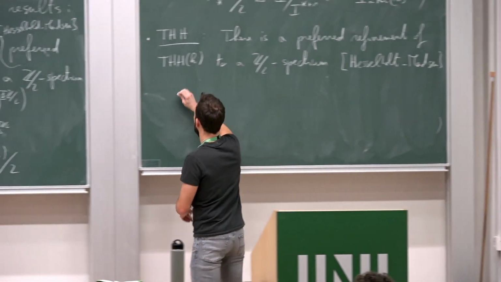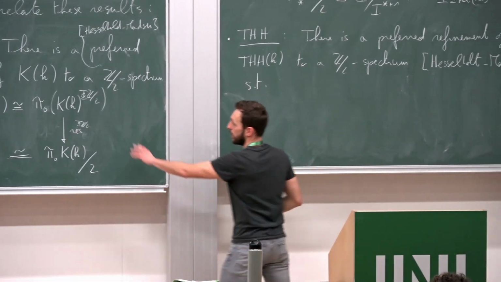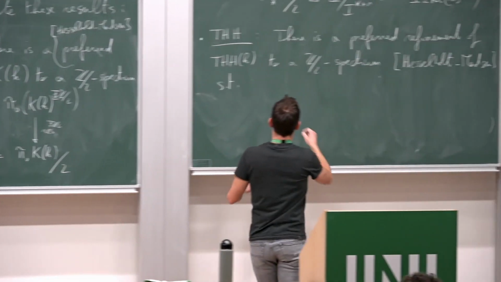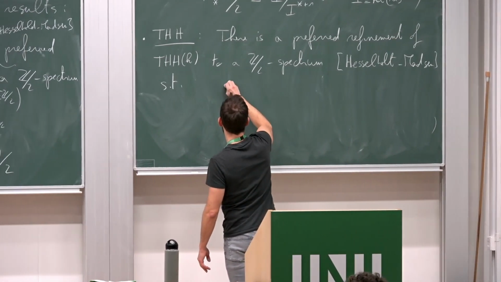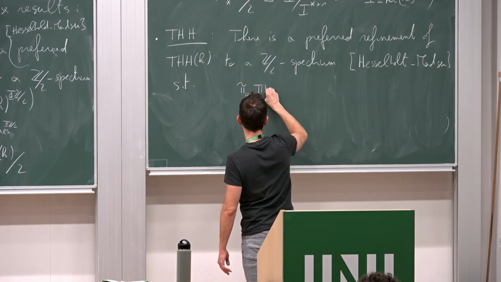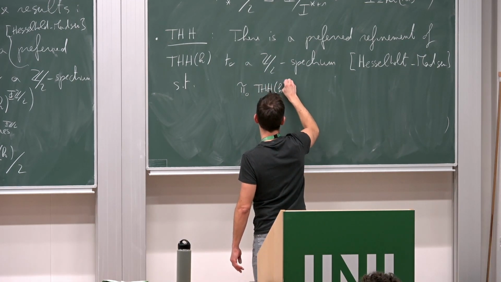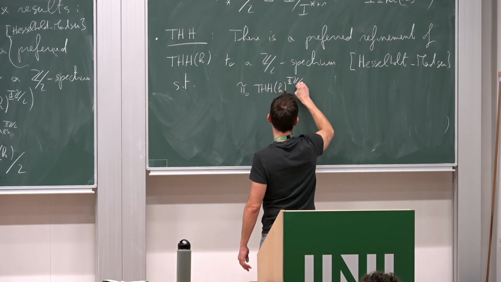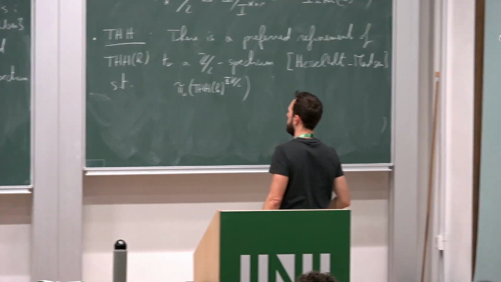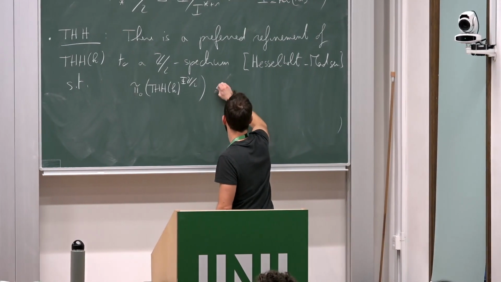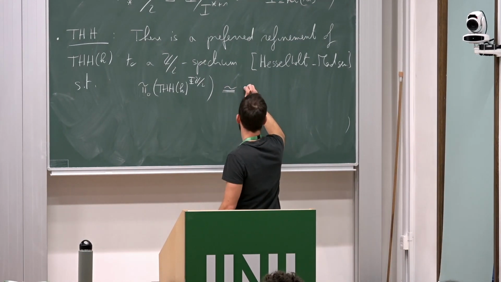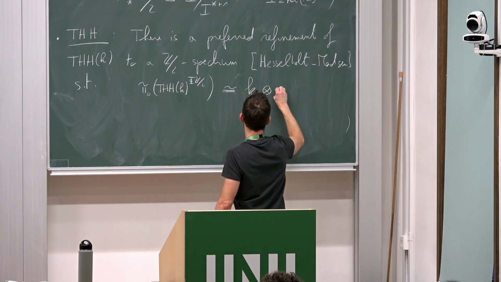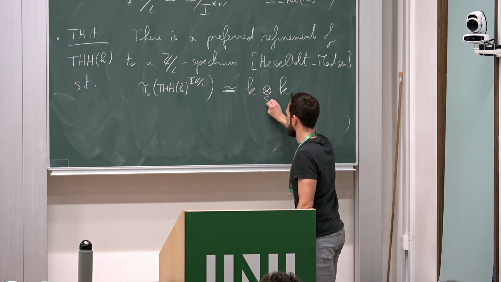And the property, so let's see what happens here. If you take pi 0 of the geometric fixed points of this thing, this is indeed two copies of k, taken over the squares.